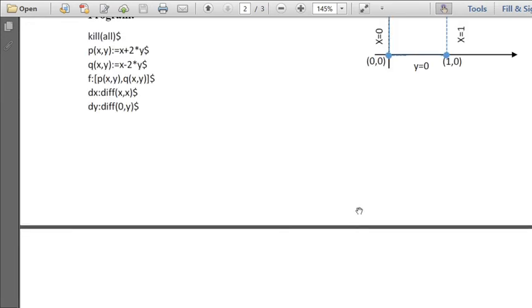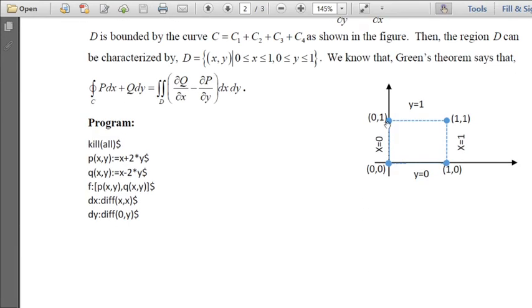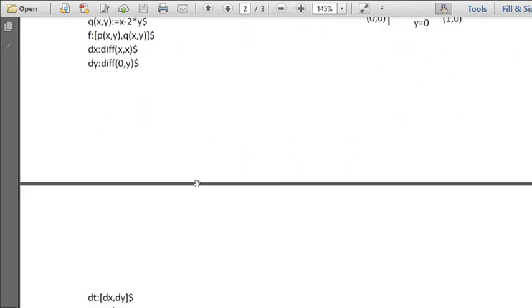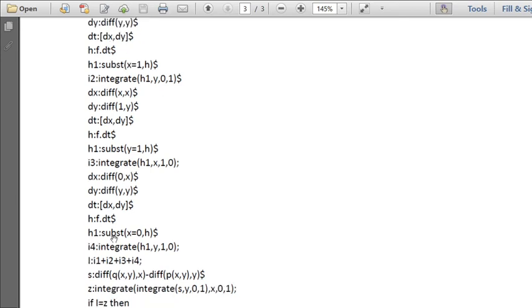Now let's compute the line integral over the last curve, that is C4. Here x is 0, that means you need to eliminate x, so you have to retain only y. When x is 0, dx is 0. And what is your y? Y runs from 1 to 0. Now let's compute it.